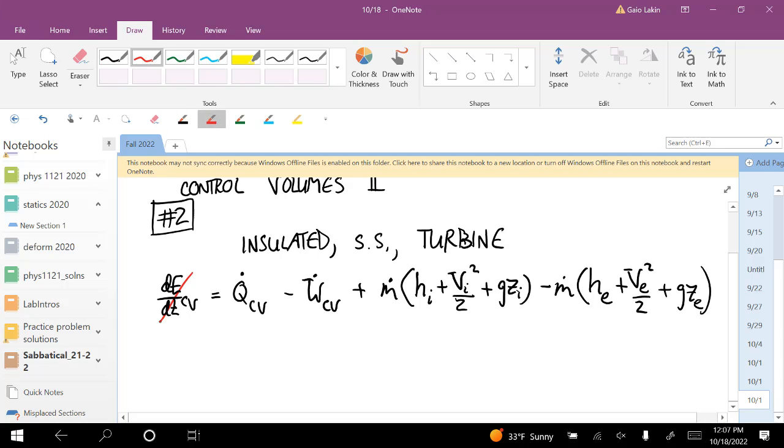Steady state, so dE/dt goes away. Insulated, so there's no heat transfer.